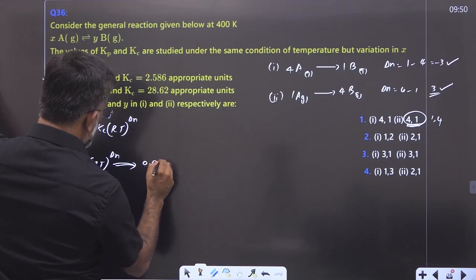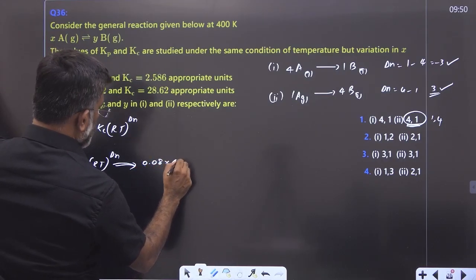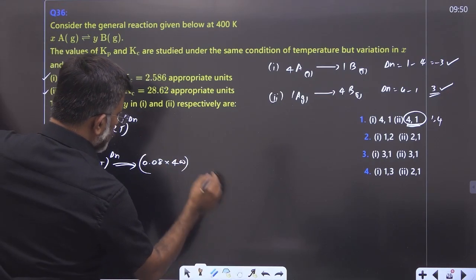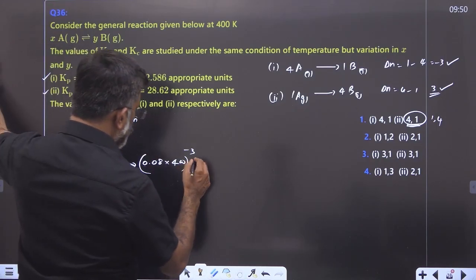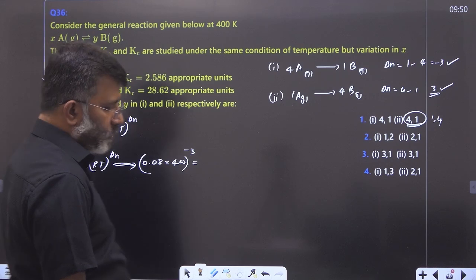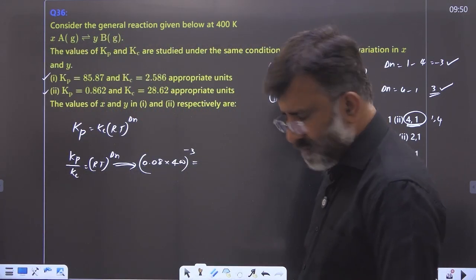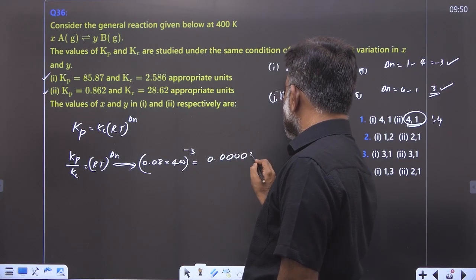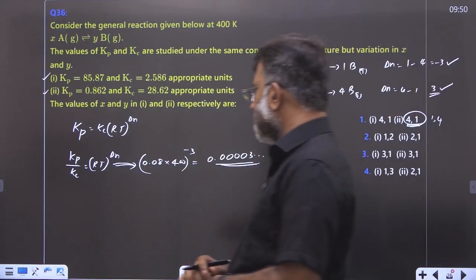So R 0.08 into temperature 400 raised to -3. When you work it out, please verify, it will come in the 0.0003 range, nearly.